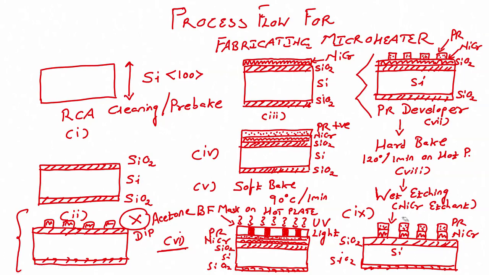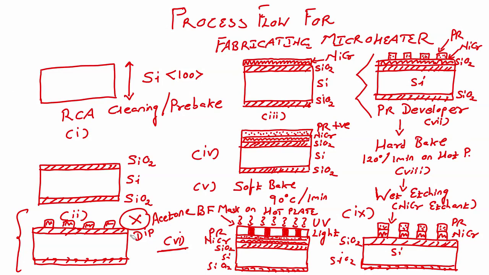And after that when you perform wet etching, then you will see that the nichrome in the area which was not protected by photoresist got etched. After this step, the next step would be we have to strip off the photoresist, and for stripping off the photoresist we can dip this wafer in acetone dip, right.